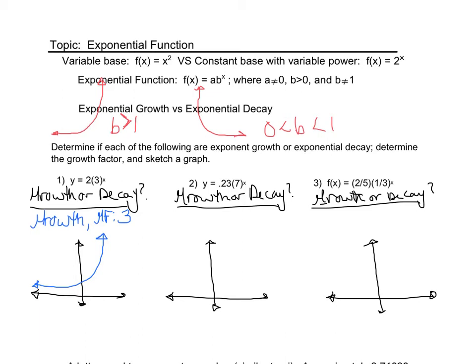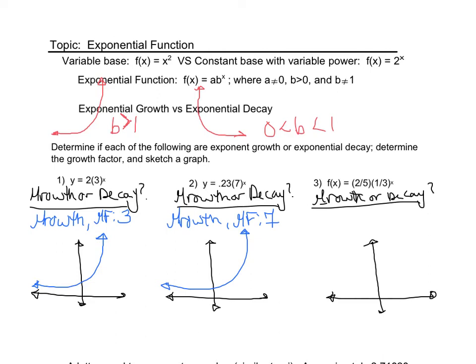On the second one, again, I'm going to look at my base, the thing that's being raised to the exponent. Since my base is larger than 1, again, I have an exponential growth function with a growth factor of 7. And again, because it's growth, it's going to start with that horizontal asymptote and rapidly increase.